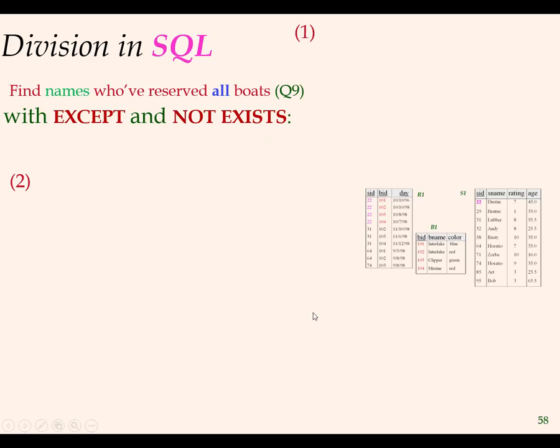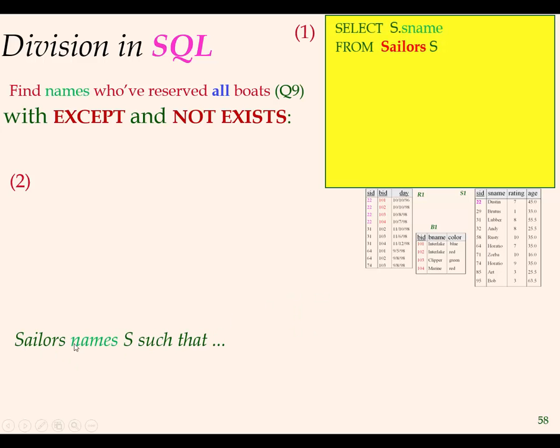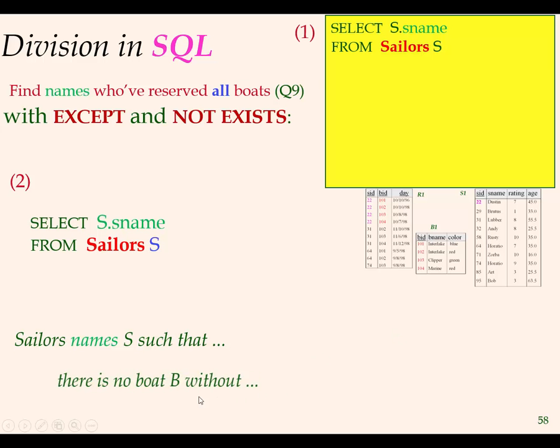And let's write this by using division. Doing it by hand is challenging, but writing the proper SQL is also challenging. So this is a solution to answer that by using what's called the division. We'll look into this some more. So I'm interested in the sailor names from sailors such that there's no boat B, and that's all the boat IDs.